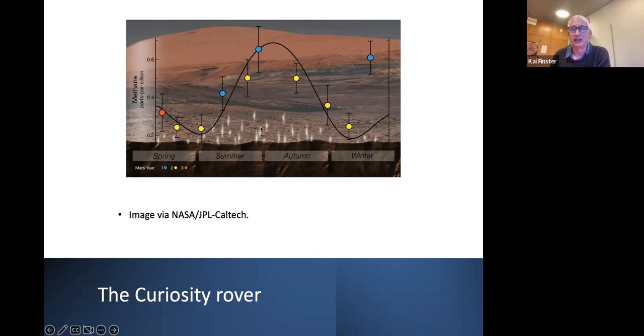The interesting thing here is that you cannot really explain these rapid changes, at least the rapid depletion of methane, by photochemical processes in the atmosphere. The lifetime of methane would be too long to explain the change. And our idea was, okay, maybe it's not photochemistry, but maybe we can link that to this abrasion process that we have studied.